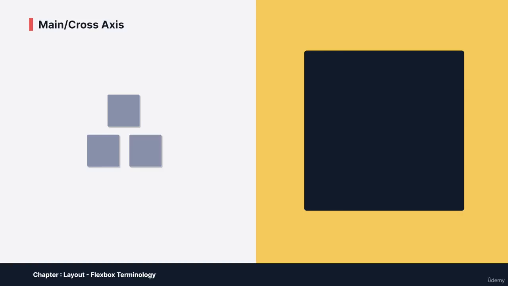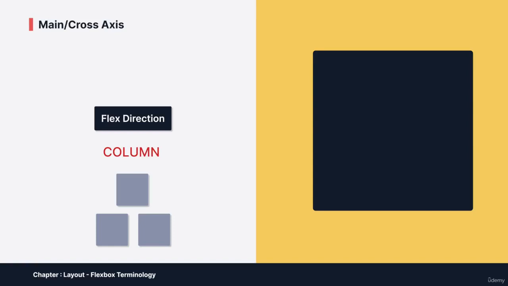Now, let's imagine we have a couple of elements and we want to lay them out onto our dark container element here. We said that the default direction is column, so what would happen if we had a column direction and just added the elements to this container?